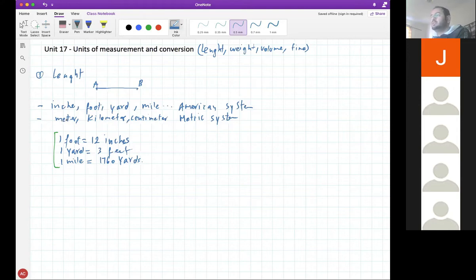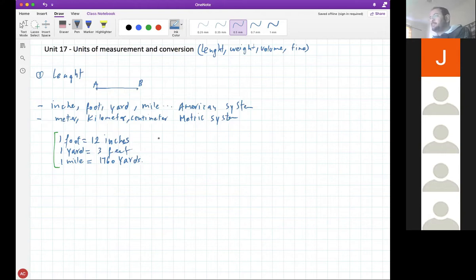So the meter is the main unit, and there are larger units, kilometers, and smaller units, centimeters, millimeters, and so on. They're all based on meters. Here in the American system, each unit has a different name, but in the international system, it's basically based on the same unit, which is meters.